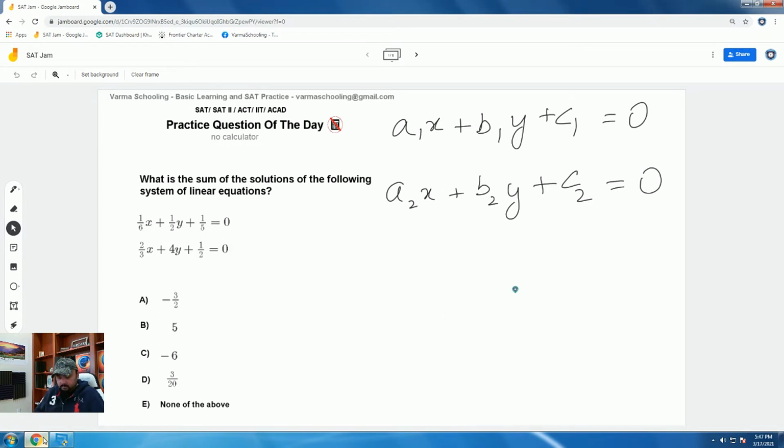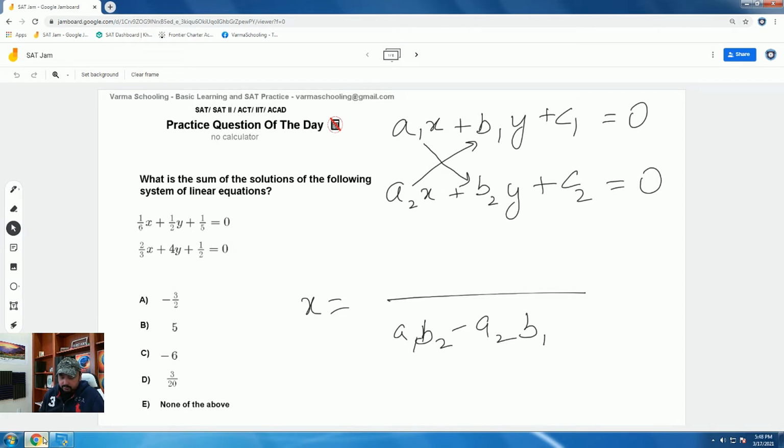So what you do is it's going to have the solution, it's going to have a denominator, and it's going to have a numerator. What's going to go in the denominator is a1 times b2 minus a2 times b1. Almost instantly, just start plugging in. No thoughts, just do it. a1 b2 minus a2 b1. Remember the order. It's almost like a determinant. You're calculating a determinant. So you got the value of the denominator.